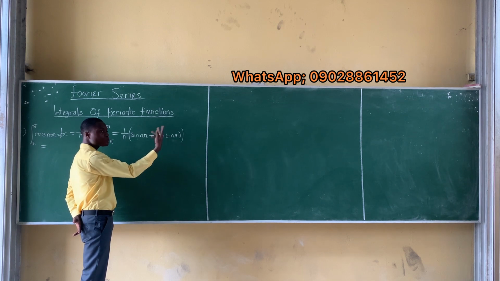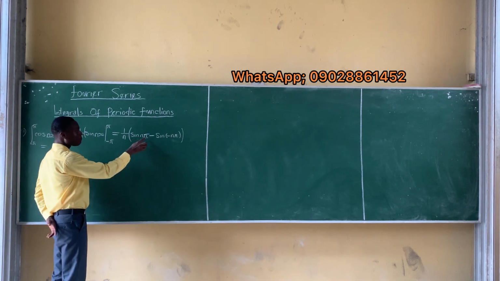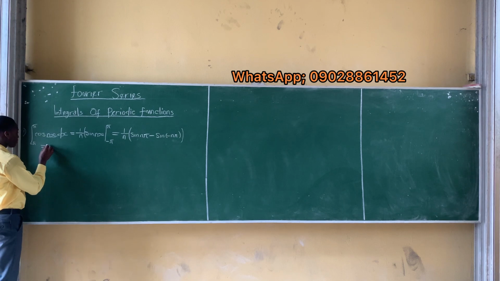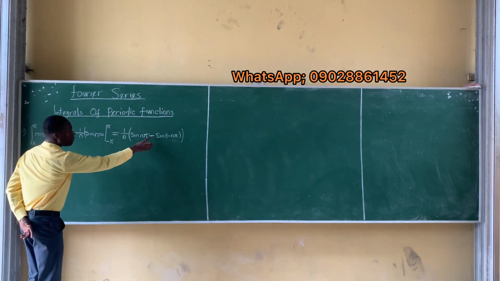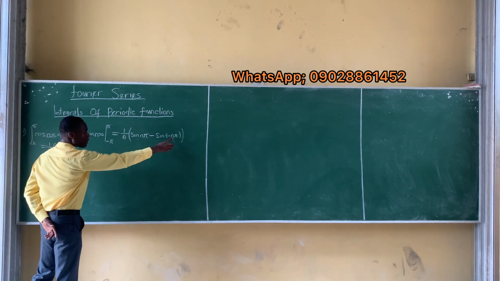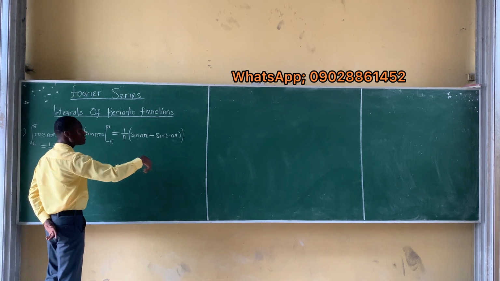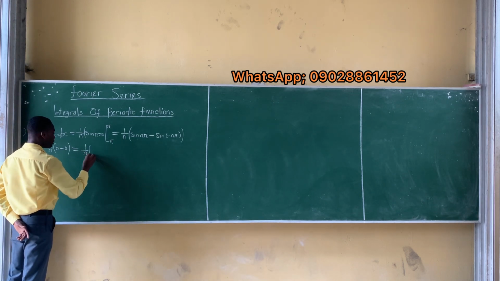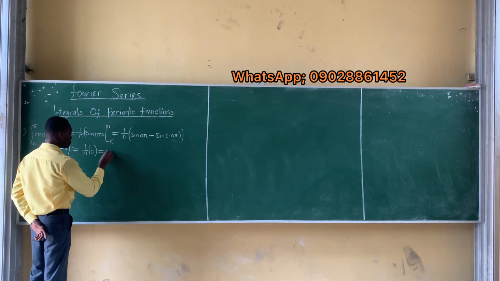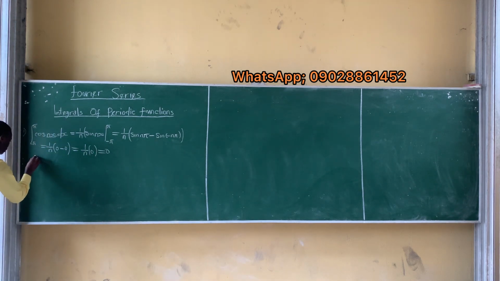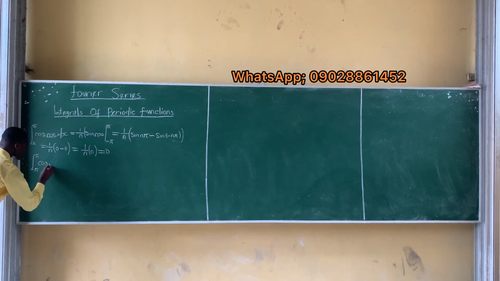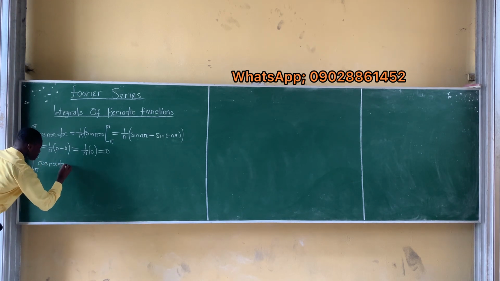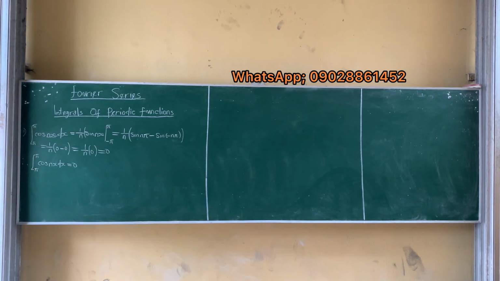If you do sine minus 180, you will still get 0. So we have 1 over n into 0 minus 0, which is equal to 0. Therefore, the integral from minus pi to pi of cos nx dx is equal to 0.